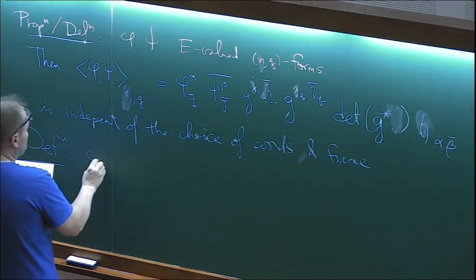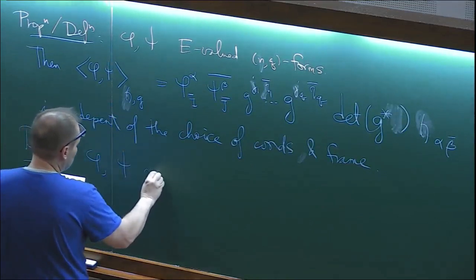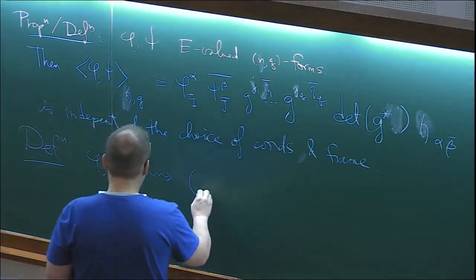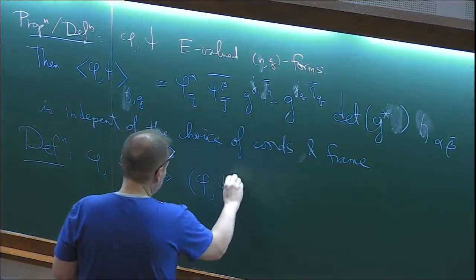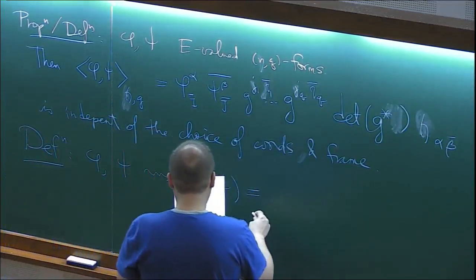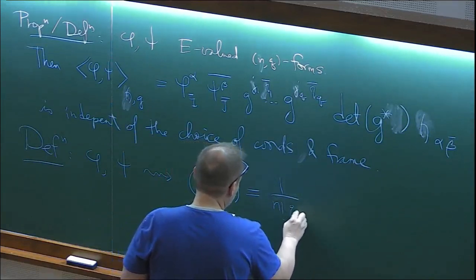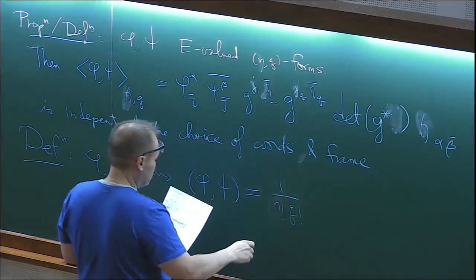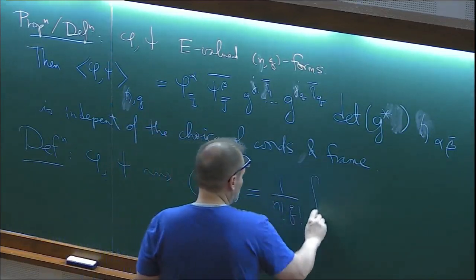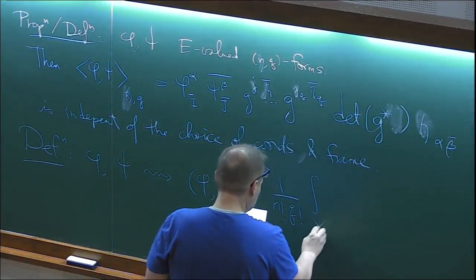So for such phi and C, I'm going to now define the L2 inner product. Phi C will be the integral, well, 1 over n factorial q factorial. The n factorial is not so important here, but q factorial is useful.